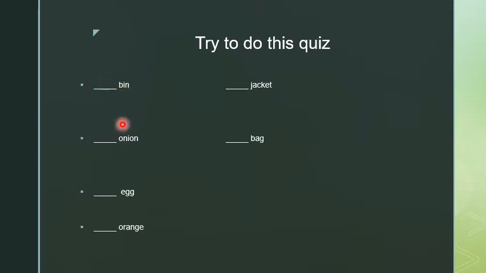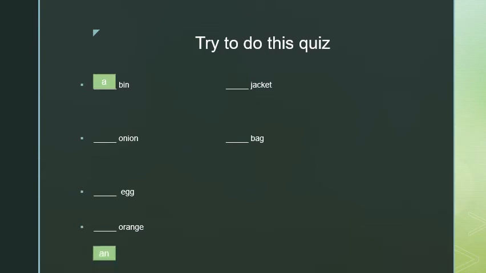Bean, onion, egg, orange, jacket, bag. Okay, please remember the word or the noun that starts with a consonant sound or a vowel sound. Okay, the first one, a bean.